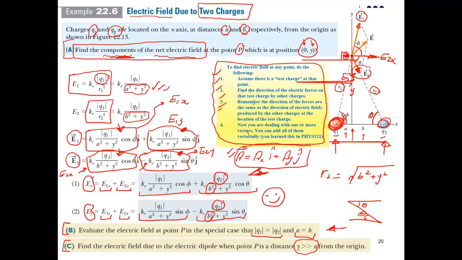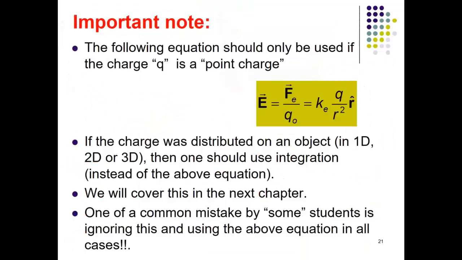For example, if y is 2 meters and A is, say, 10 centimeters, you could ignore 10 centimeters in comparison to 2 meters. That's what the question means, so you could simplify your answer. Okay, I think we're done with the definition of electric field.